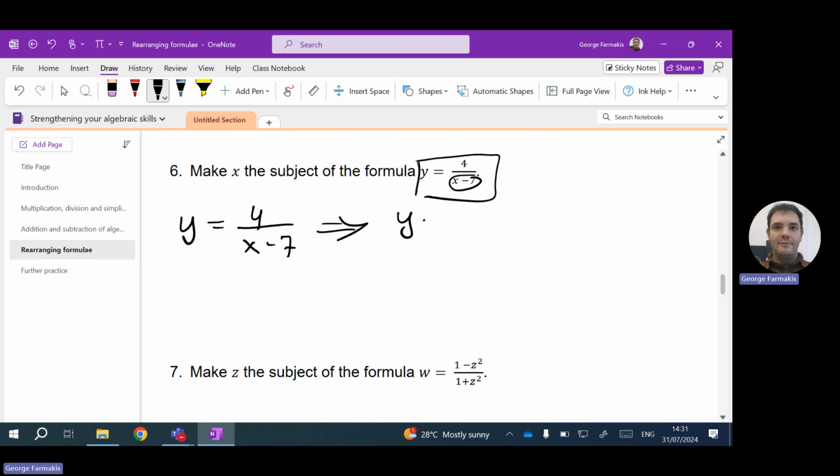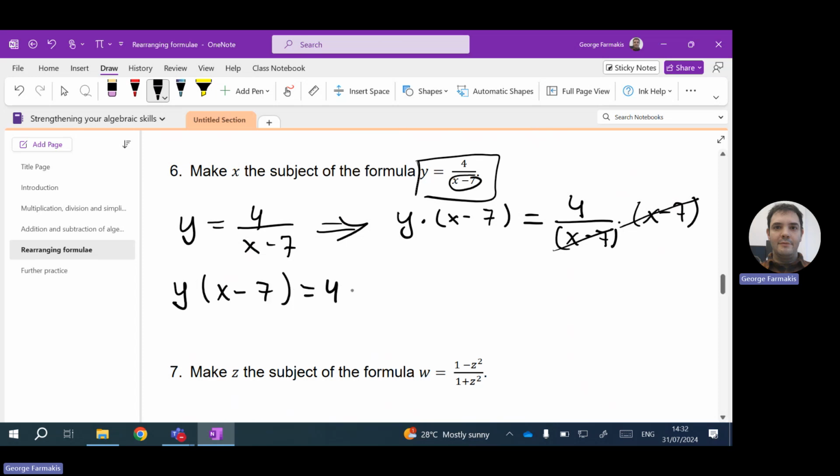So if I multiply both sides by x minus 7, here I get 4 over x minus 7 times x minus 7, and x minus 7 we can simplify. Okay, so we end up with y times x minus 7 equals 4.